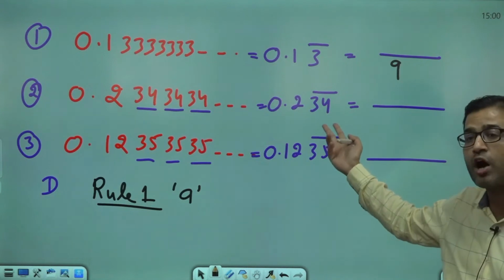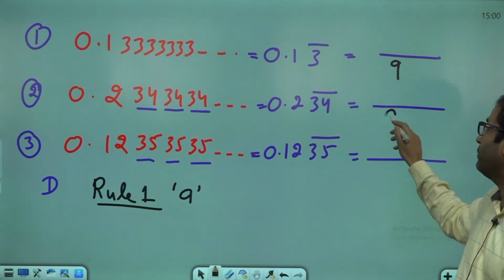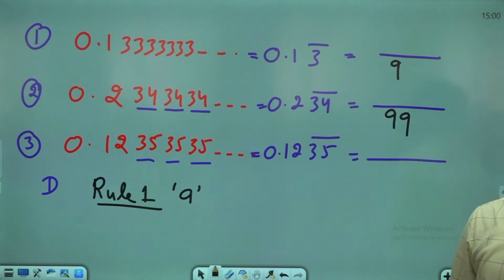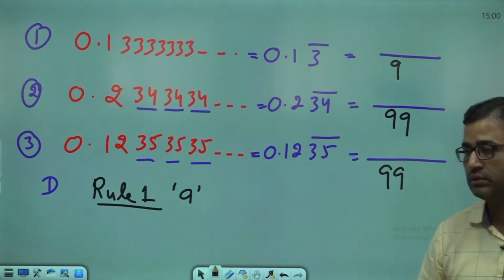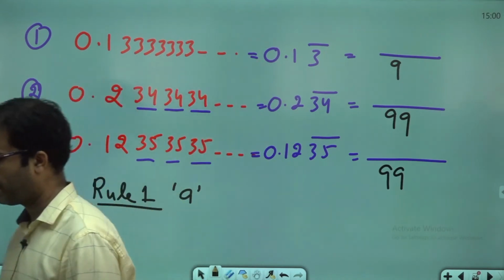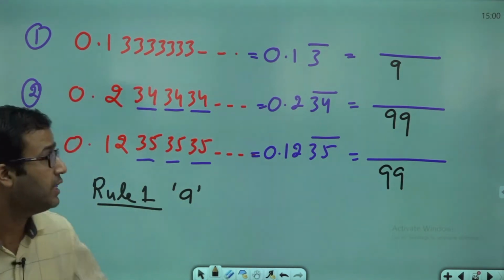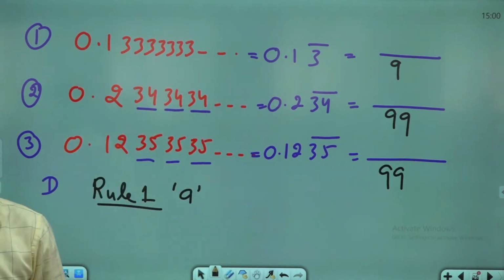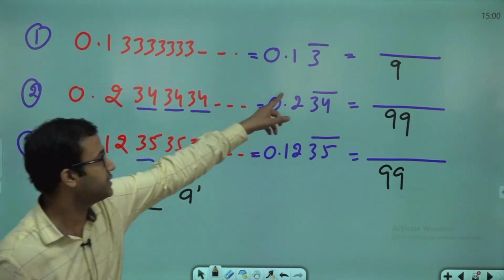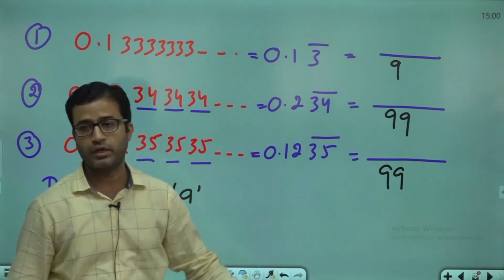In the second question, how many digits were there? 2, so double 9. In the third question, how many digits? 2, so double 9. I repeat, rule number 1: in our denominator, we have as many 9s as digits under the bar. One digit, one 9; two digits, two 9s.